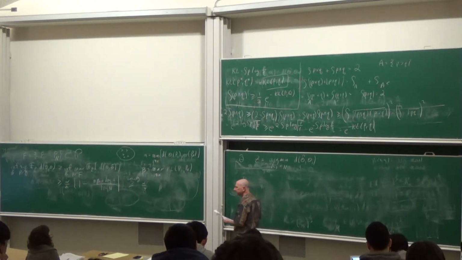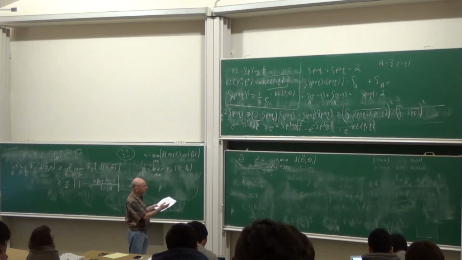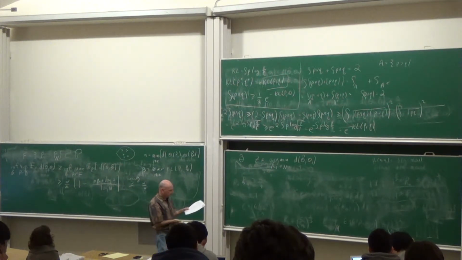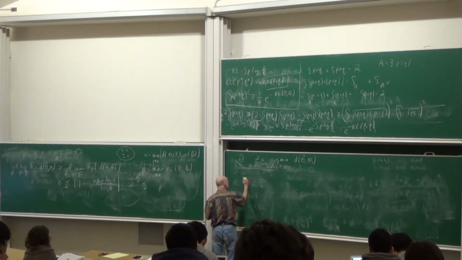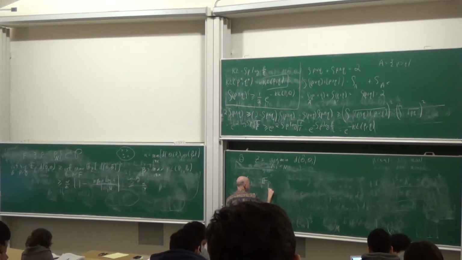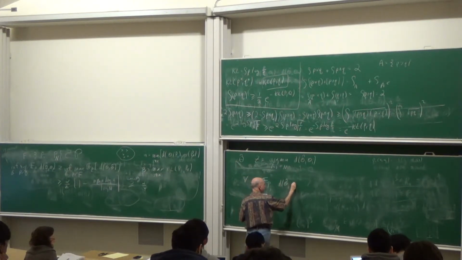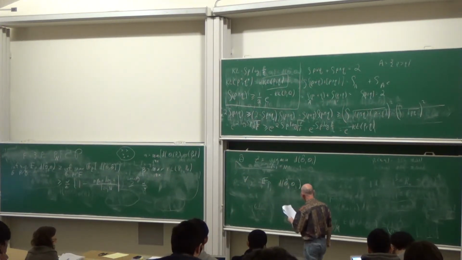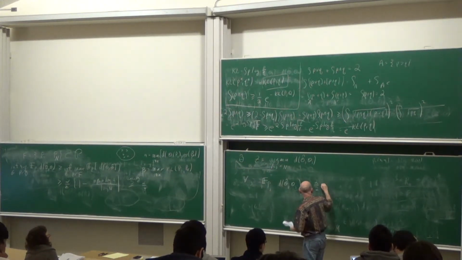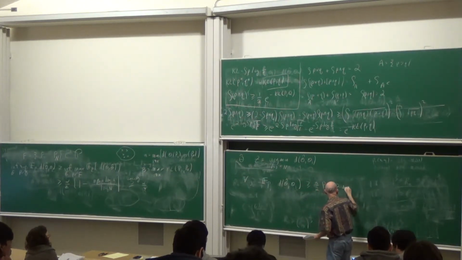And arguing like we did before, we know then that the expected distance is bigger than or equal to the distance between the guys and the probability of error. So mimicking that idea, we have that for each j, the expected value under pj of the distance between this arbitrary estimator and theta j is bigger than or equal to alpha over 2 times the probability of an error, which in this case means the probability that z is not equal to j.